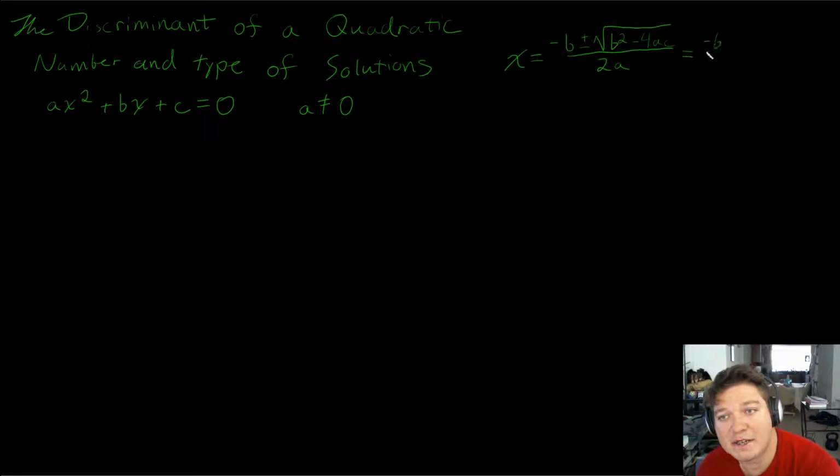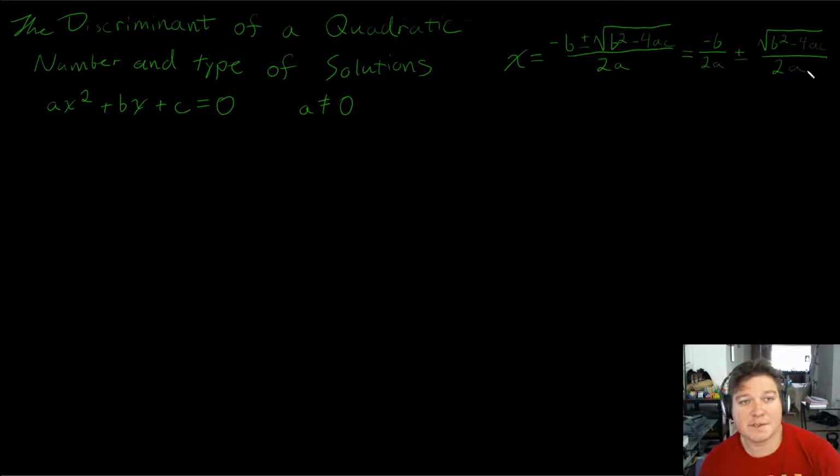It can be written as negative b over 2a plus or minus the square root of b squared minus 4ac over 2a. And this is where the discriminant comes in. It's this thing under the radical. What it tells you is whether this second fraction, the one that you're adding or subtracting, is getting 0 added to it, or a real number, or a complex number. And that's going to depend on the domain of the radical.